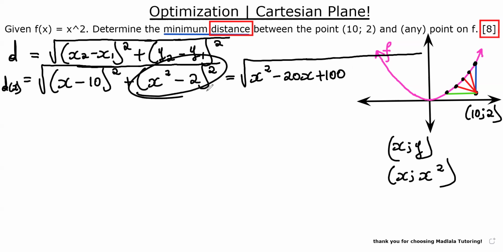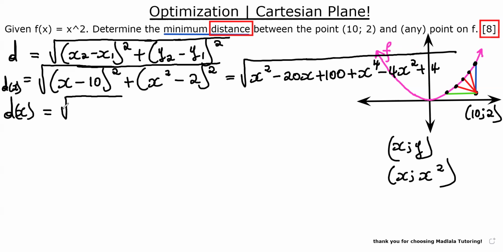Okay, fine. What about for this one? Well, using the FOIL method again, we get x to the power 4 minus 2x squared minus 2x squared, and then we say plus 4. So this is how it's going to look like.